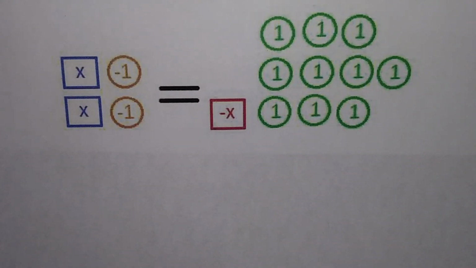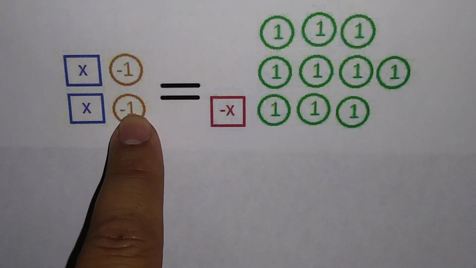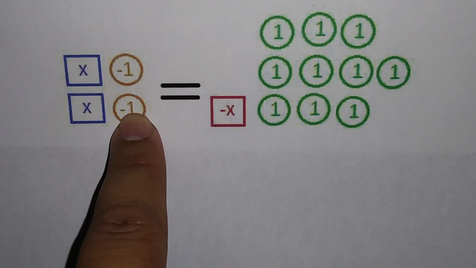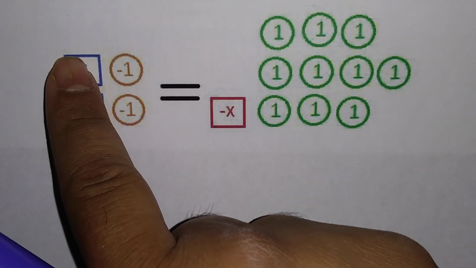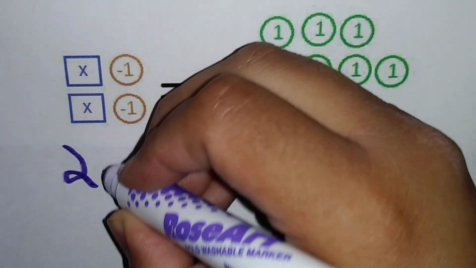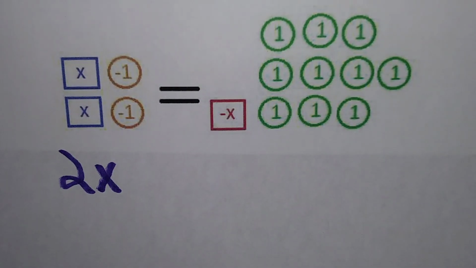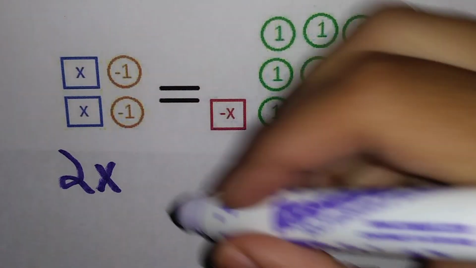Now here we have one more model that we're going to derive an equation from. Now on the right side, we have positive x's with negative constants. So what we're going to do is use subtraction signs instead of just addition. So we have 1, 2 x's. That gives us 2 times x. And we have -1, -2 constants.